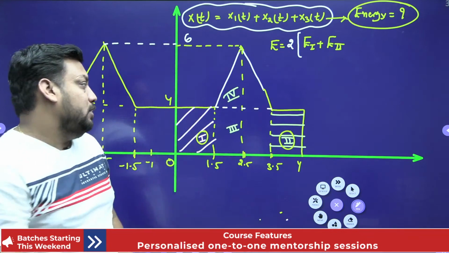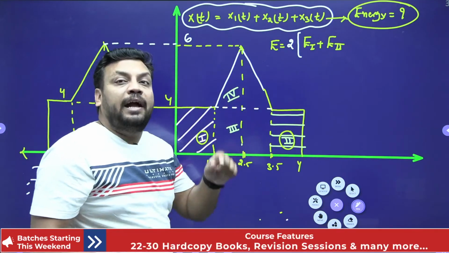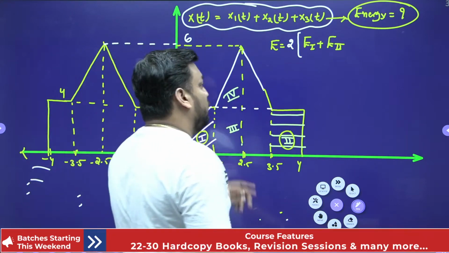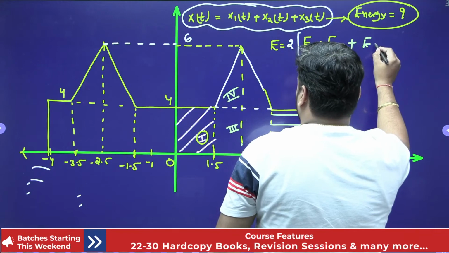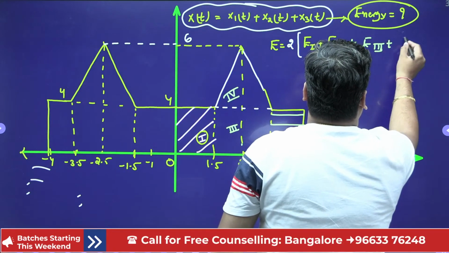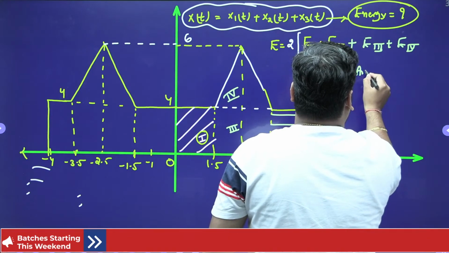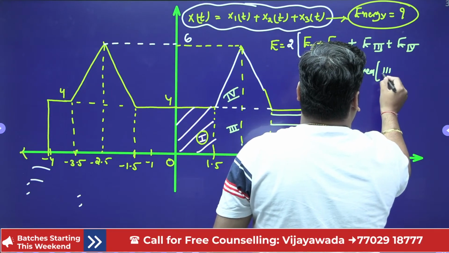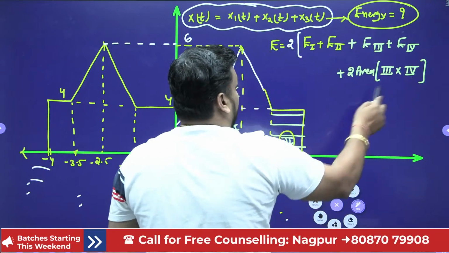Yes or no? So twice AB means energy of third, energy of fourth and twice into area of third into fourth. Ye bhi aayega. So you can write here energy of third one plus energy of fourth one and plus twice into area of third multiplied with fourth signal.